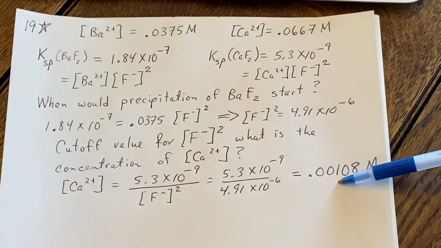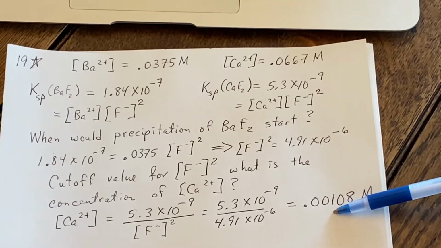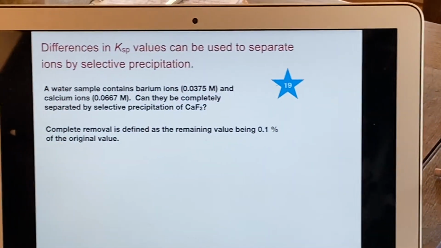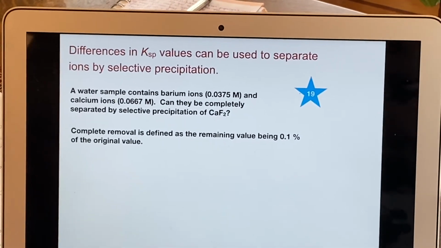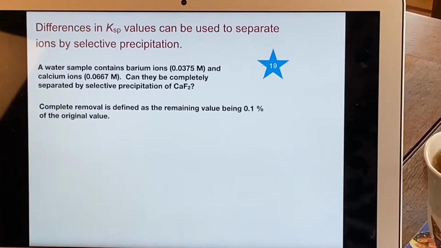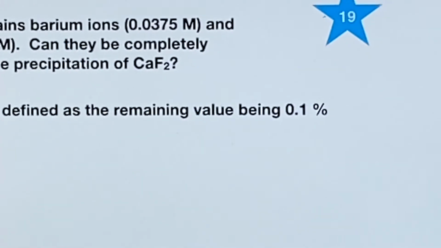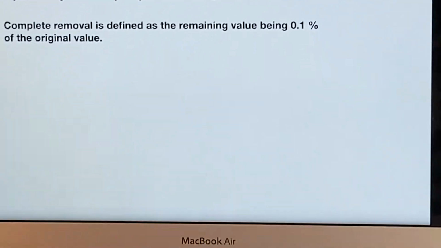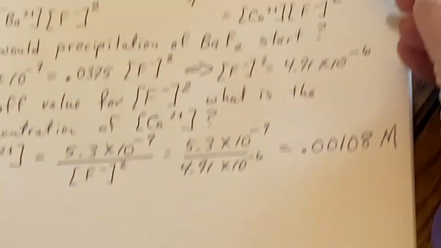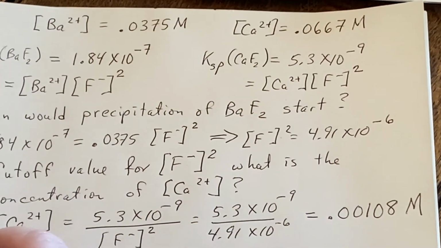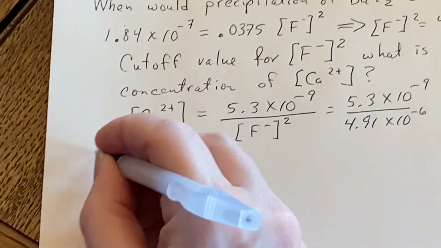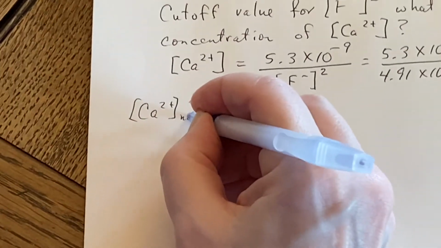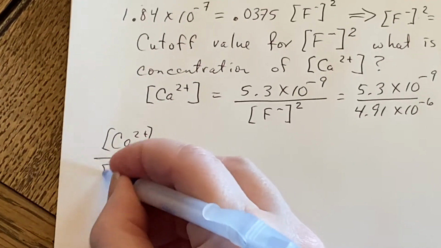Now, it says, can they be completely separated? Completely separated. And then they give you this little thing, 0.1% of the original value. Oh, well, then I should compare this to the original value. So I'm going to take my new value for the calcium now, compared to the original.